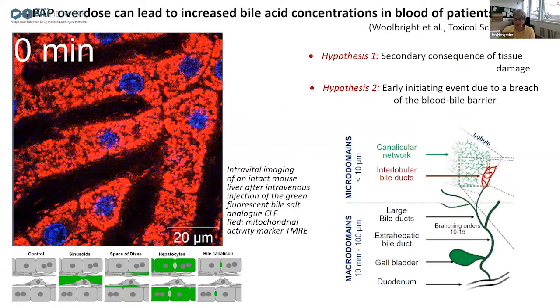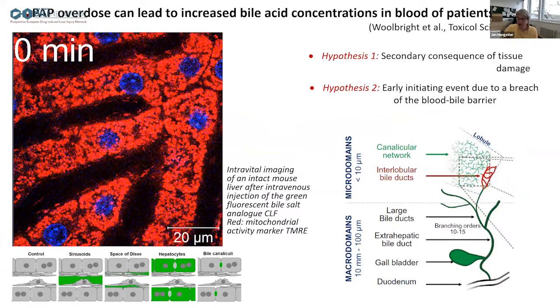Since long, even before 2014, there were hypotheses if bile acids contribute to paracetamol hepatotoxicity. It is known that after intoxication, also bile acids increase in the blood of patients after overdose. And there is one hypothesis stating that this may be a secondary consequence of tissue damage.